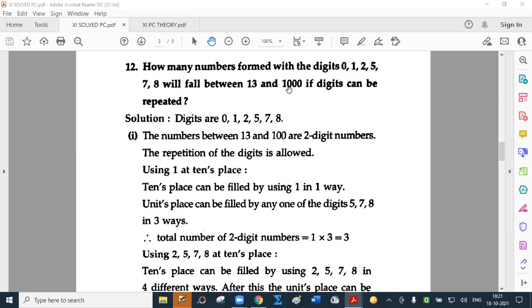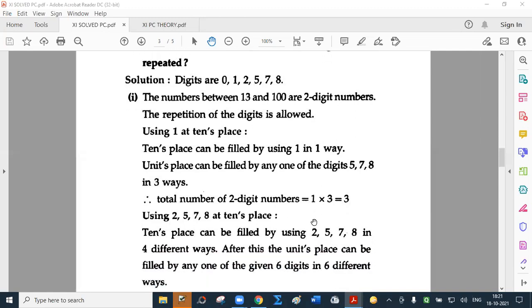Between 13 and 1000, 13 cannot be considered. Can we consider 15? We can consider 17 and 18. Yes, 3 numbers.